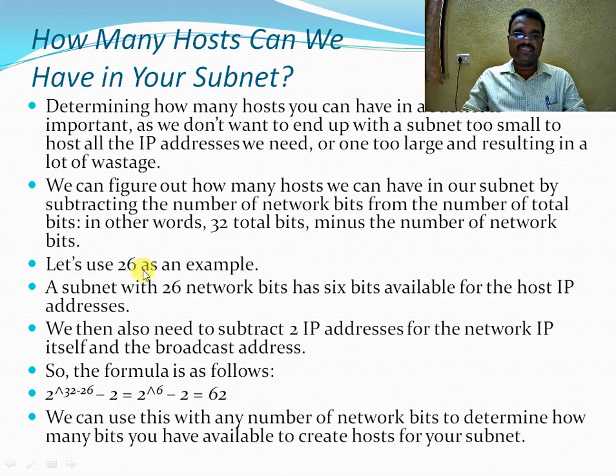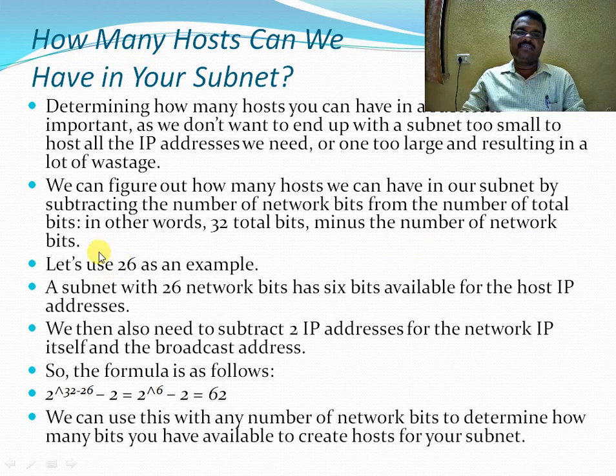In this example, 26 network bits are used. We can use this with any number of network bits to determine how many bits we have available to create hosts for our subnet. So the main formula is 32 total bits minus the number of network bits.